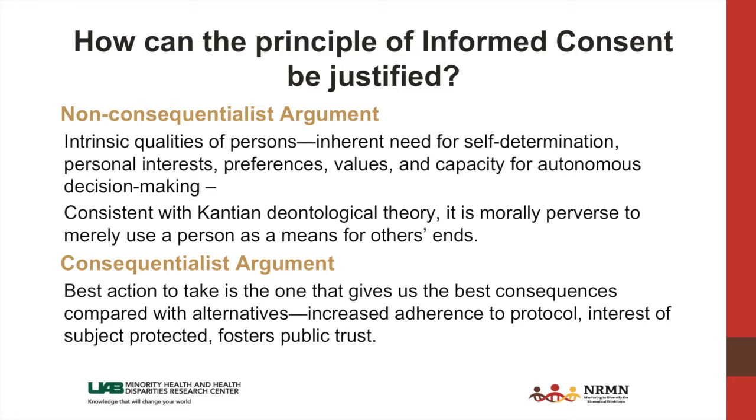Anything we can do to do that, or anything we can do to foster public trust, these are the kind of action that we should take. And informed consent is one of those that can be part of that sort of argument.